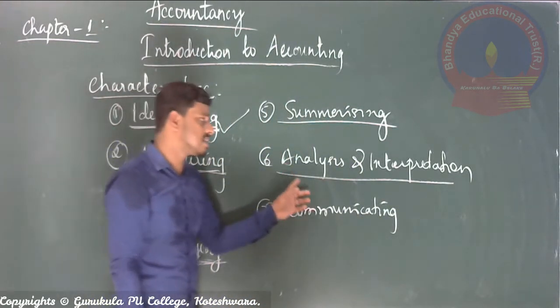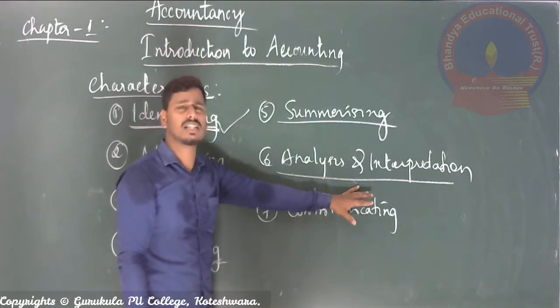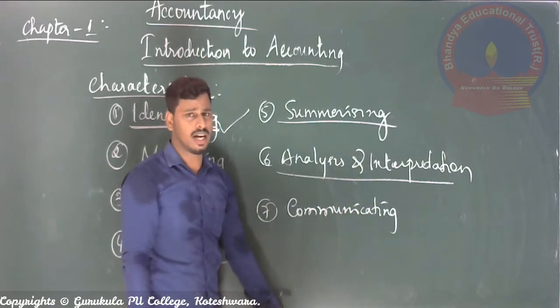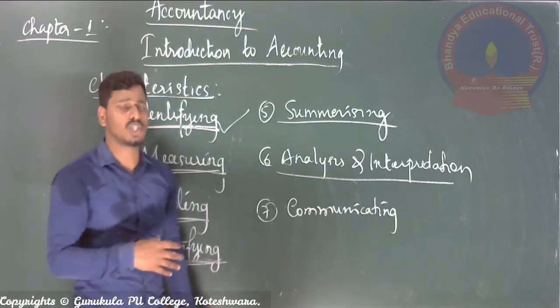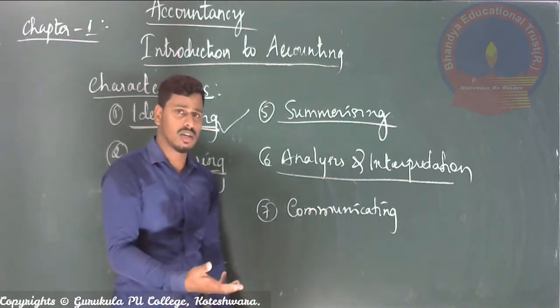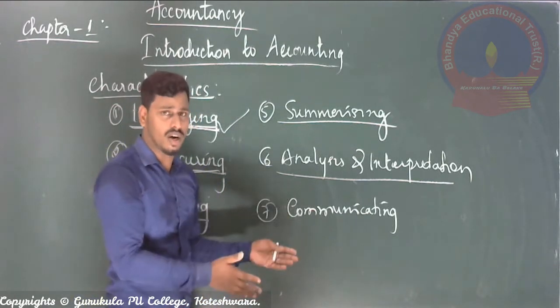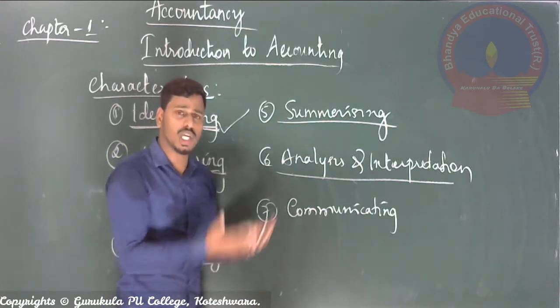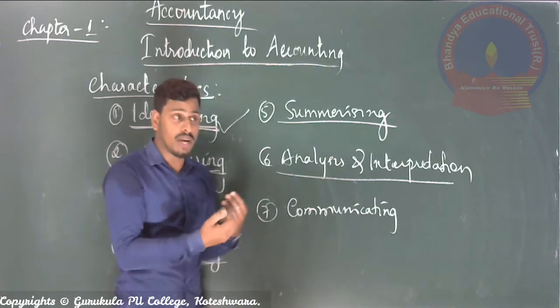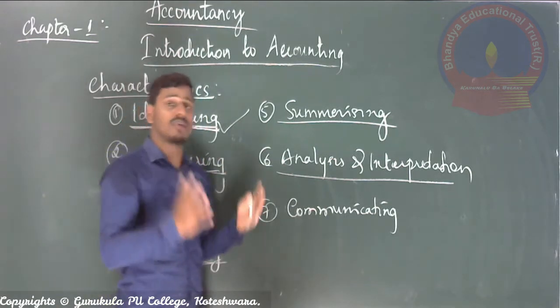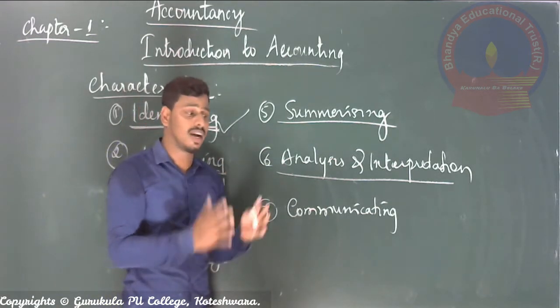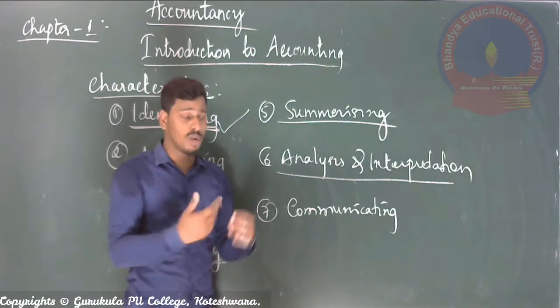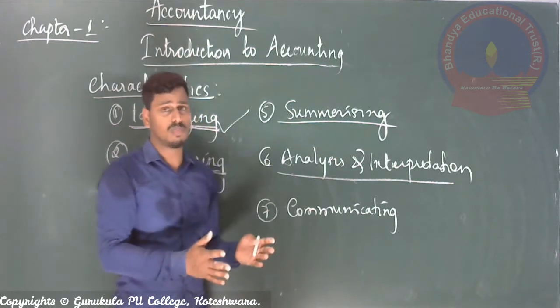Right? Analysis and interpretation means making some preliminary judgment. As an accountant, my duty is to give some conclusions about the things I have recorded and what the result would be after a few days: whether we are near to earning a profit or going for a loss, or what the financial position of the business is, whether it is good or bad, positive or negative, whether we are in a strong position or not.